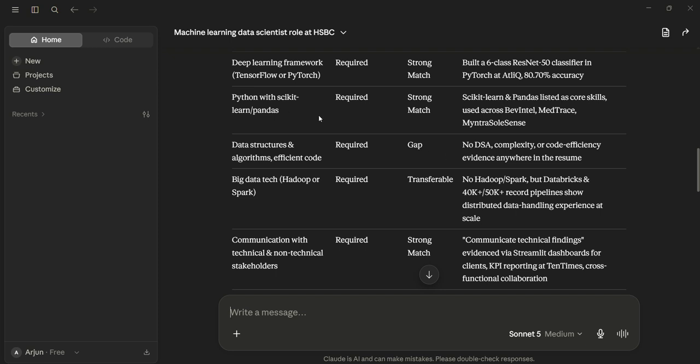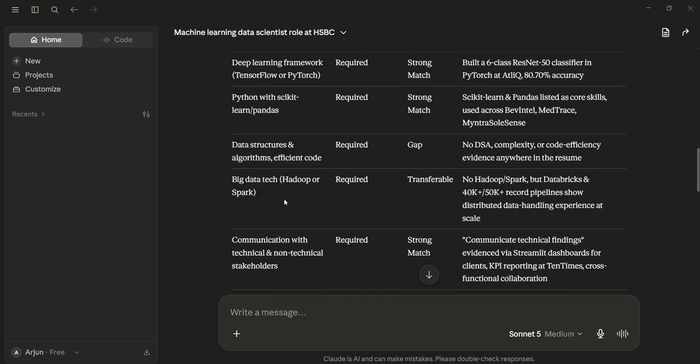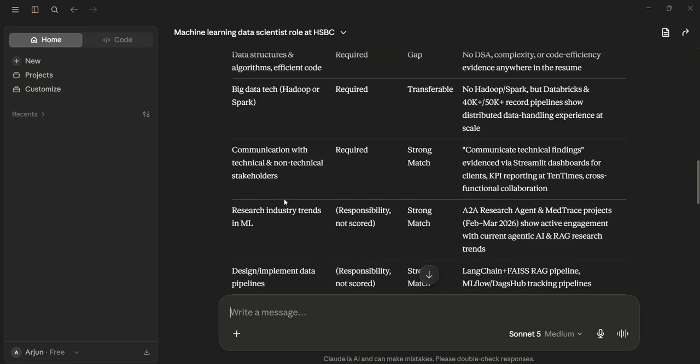And these are some of the strong matches, TensorFlow and PyTorch. I have used both of them in my resume and in different projects, and it indicates that it is a strong match. Big data, Hadoop, Spark is not something that I have mentioned explicitly, but I have mentioned usage of Databricks pipelines, so it is a transferable skill, you can say.